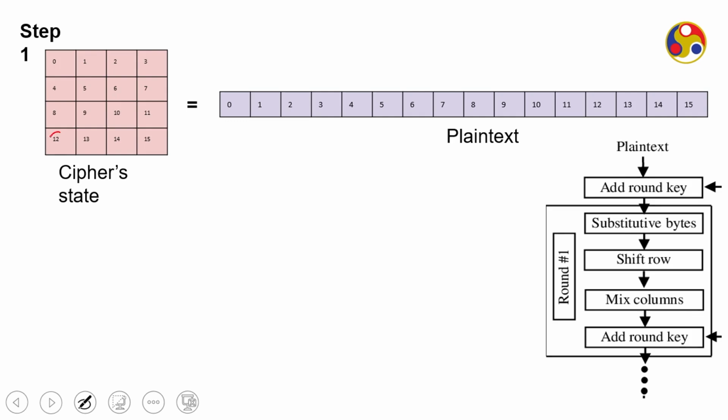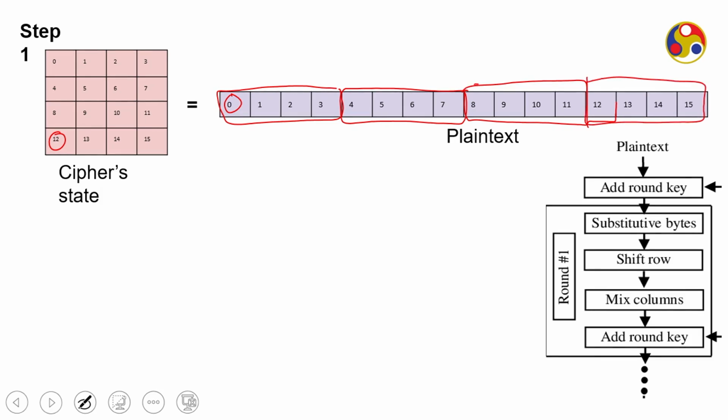Each of them is 8 bit. This will be my row 1, this will be my row 2, this will be my row 3, and this will be my row 4, right. This is how I encapsulate this text into a 4 cross 4 matrix, right.